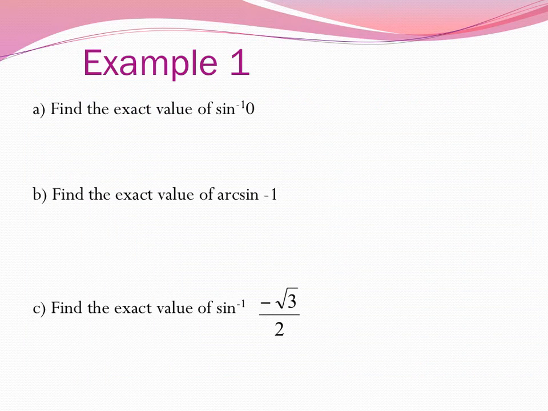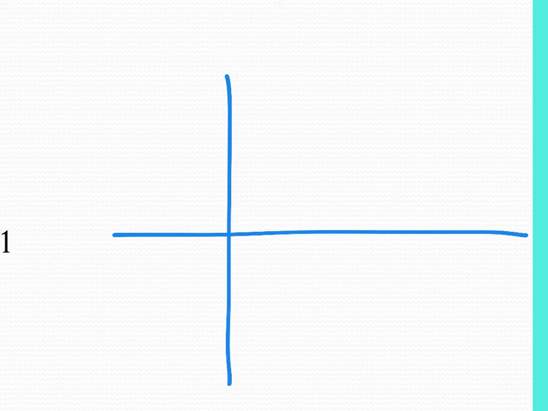Questions will look like this. Find the exact value of sine negative 1 of 0, arc sine negative 1, or sine negative 1 of negative root 3 over 2. So before we even get there, think about what you're going to have in front of you, because you're going to have your unit circle, right? So your unit circle, which it's been a little while, but this was 0. This is pi over 6. This is pi over 4. This is pi over 3.